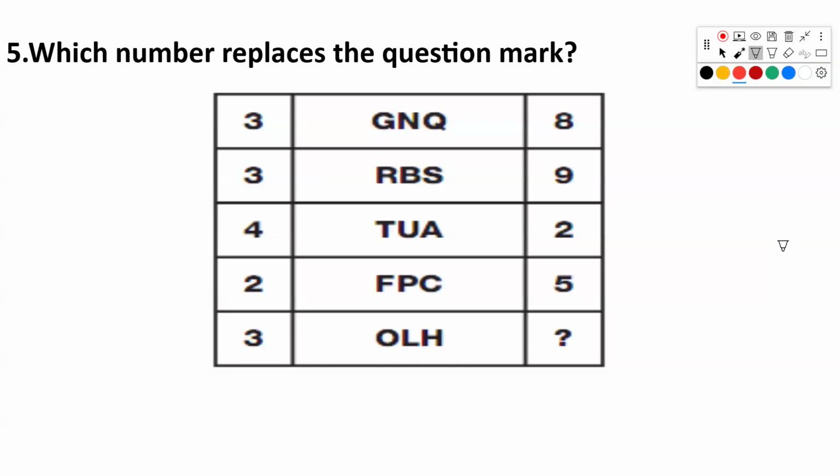So if you look at this G, A, B, C, D, E. E is the fifth letter. F, sixth letter. G, seventh letter. So G is 7. You know M is 13. So N will be 14. And you know Q is 17th letter.